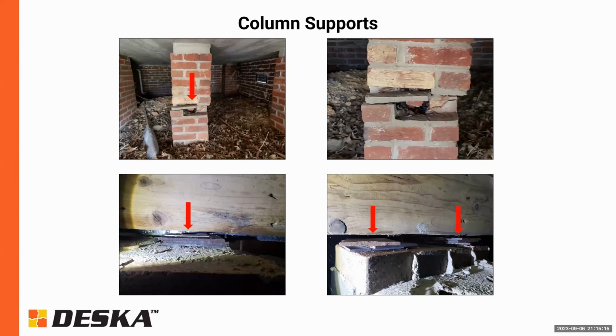But these columns, they settle, and the beam essentially is not supported. And whether the beam has moved with it or not, either way, that beam should be supported. You can only add so many shims and shim it so many times until it makes more sense to actually resolve the actual issue and either install a deep foundation or install an oversized footing to prevent it from continuing to settle.